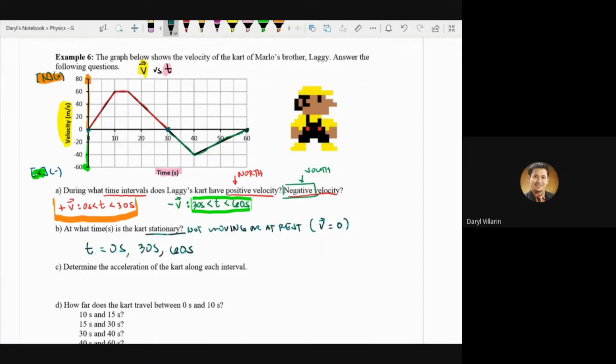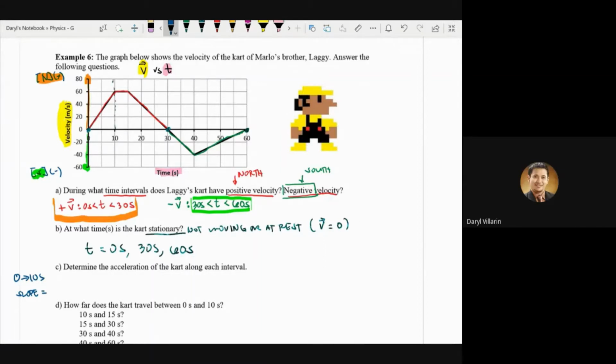So let's take letter C. For letter C, determine the acceleration of the cart along each interval. So time interval. You're going to start with, let's say, 0 to 10. From 0 to 10 seconds, I'm going to get the slope of that. I can just use these two points here. 0 to 10 is up to here, right?